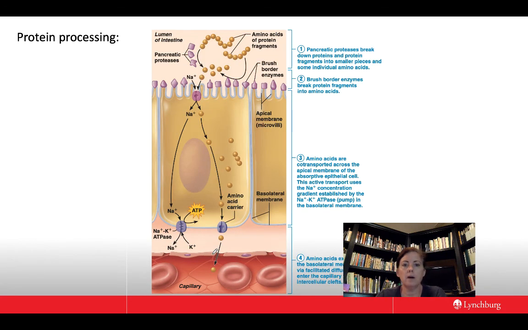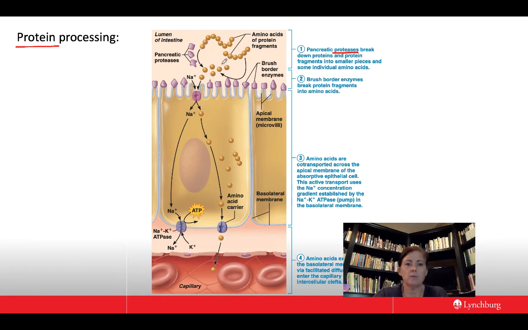Okay. We also have protein processing. So what's happening here? So again, this is our pancreatic juice that's playing a role, and proteases are the class of enzymes that are responsible for breaking down proteins into smaller proteins, and then actually even amino acids.